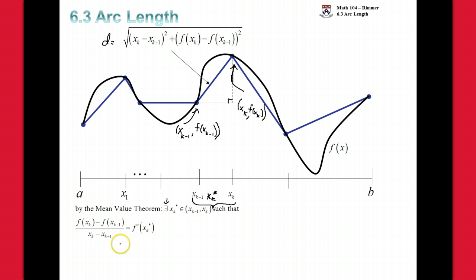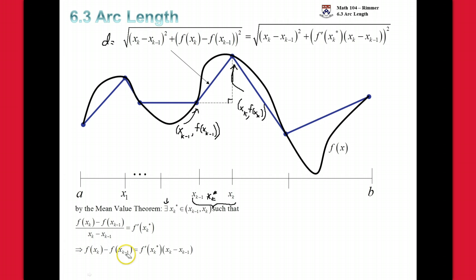Now, here's what we're going to do with that. We're going to take this equation and manipulate it. Let's multiply both sides by the denominator, x sub k minus x sub k minus 1. So I have my y values subtracted equal to that derivative value times the difference in the x's. This is a different take on the mean value theorem. Some people actually write this as the mean value theorem, this version of it.